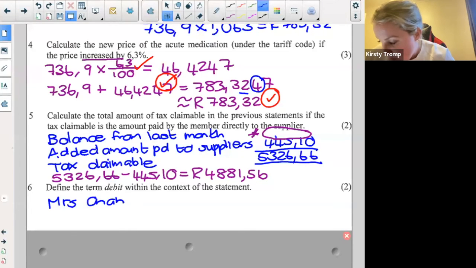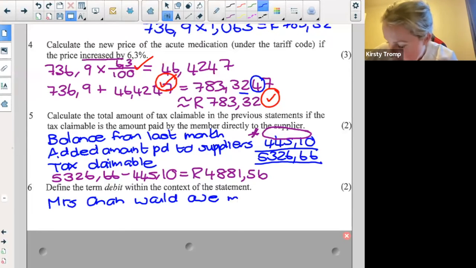Chang would owe money, but not only to the scheme, because we saw earlier on that it could be to the scheme or to a supplier. So we could say that Mrs. Chang would owe money. Done. End of the question.